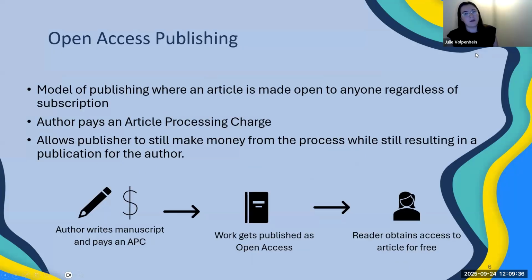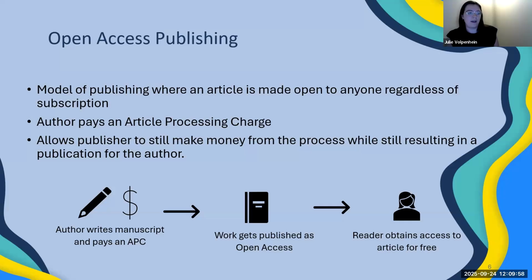So open access publishing turns it on its head a little bit. The author will write a manuscript, and often they will pay what's called an APC, an article processing charge. From there, the work gets published as open access, and then the reader is able to obtain access to the article for free. So it's a simple explanation.